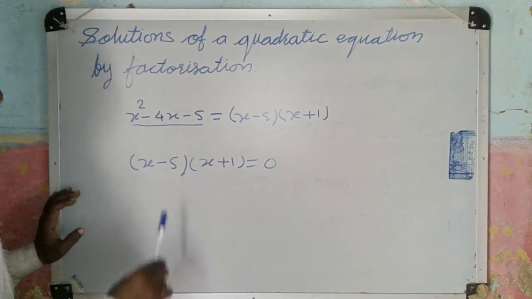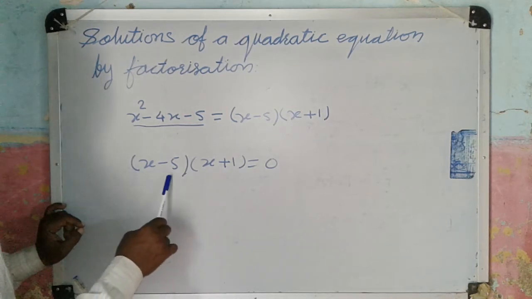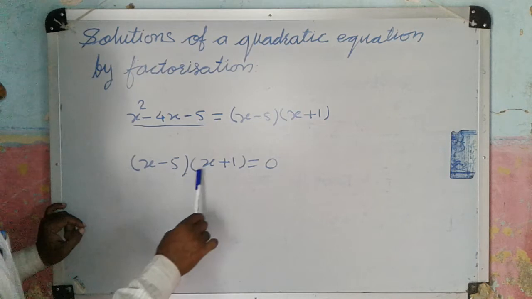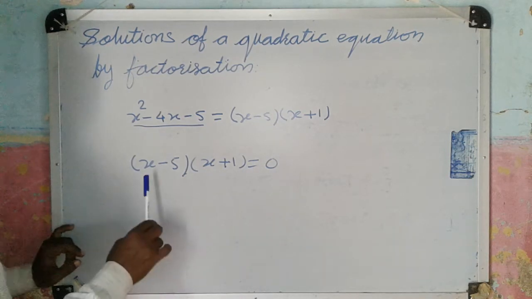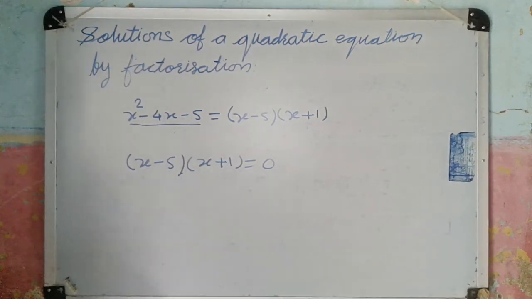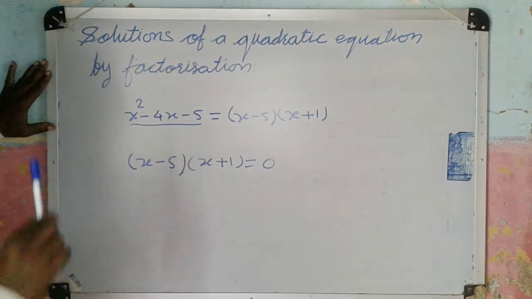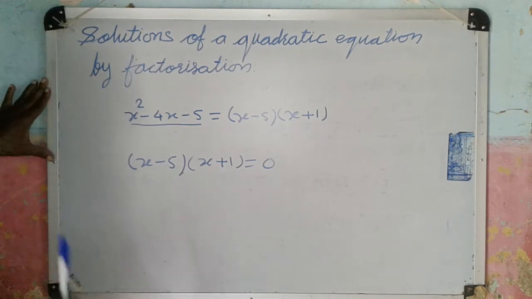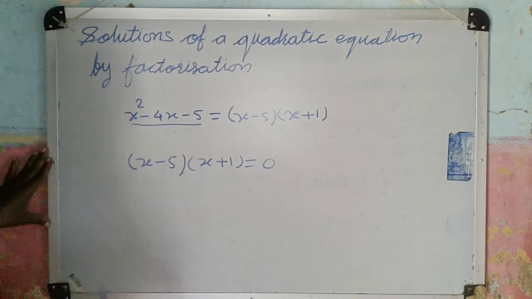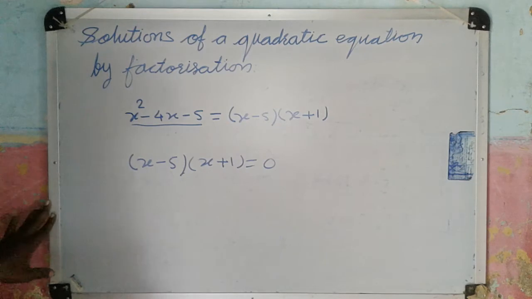That means if the product is 0, then x minus 5 may be 0 or x plus 1 may be 0. That means any one of these terms is equal to 0. We already know that if the product of two numbers is 0, then at least one of them is 0. So using this concept, we will find the solutions of quadratic equations.